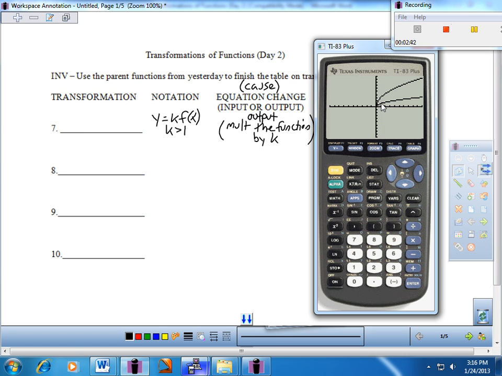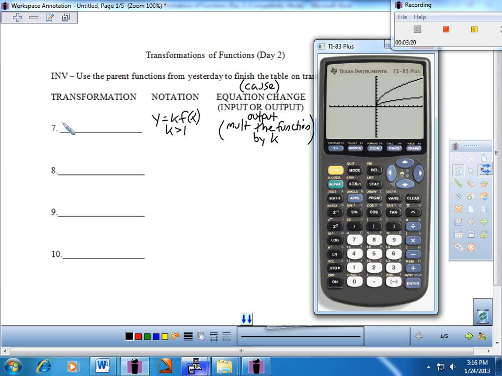So if you track this point moved here, this point moved here, this point moved here, etc. Now, if you notice the difference between yesterday and today, yesterday we talked about a vertical shift, where every single point moved up the same amount. But if you look at this, that is definitely not the case. They're not being vertically shifted. Anyone have an idea here? They're being vertically stretched, and that's going to be number 7.